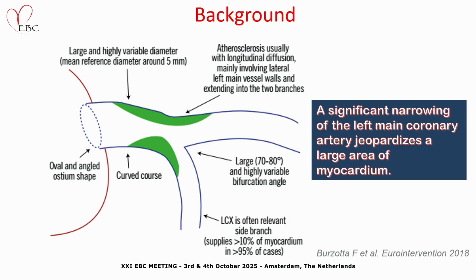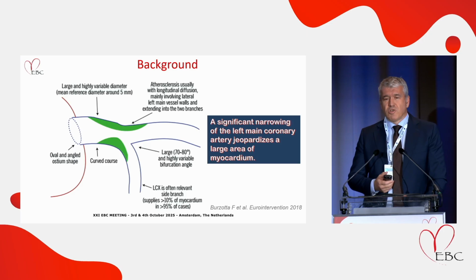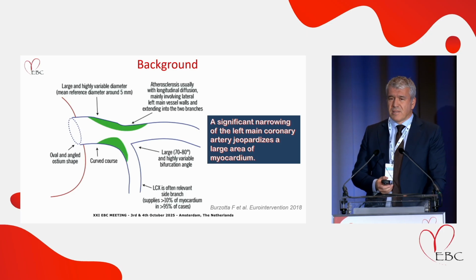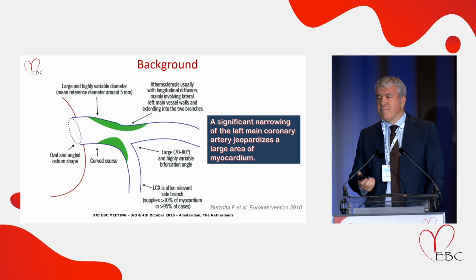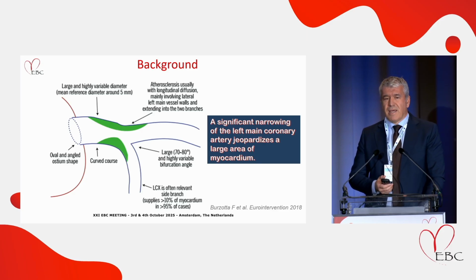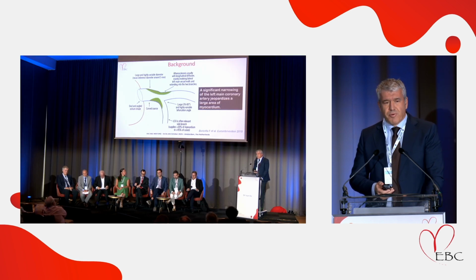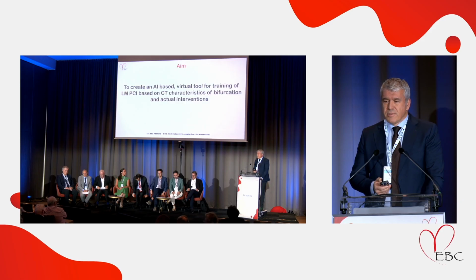It's almost 70 degrees and it's completely different from other bifurcations. And what is most important is it subtends a large territory of myocardium, which means interventions in left main are clearly technically demanding and difficult to learn because you cannot learn it in practice, which makes it a very interesting topic for a young interventionalist how to approach this issue.